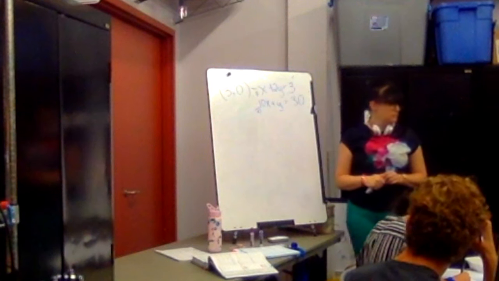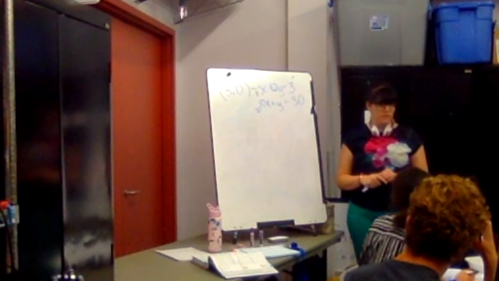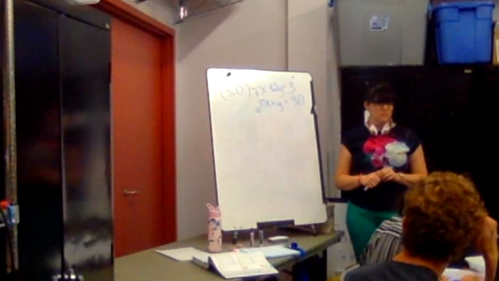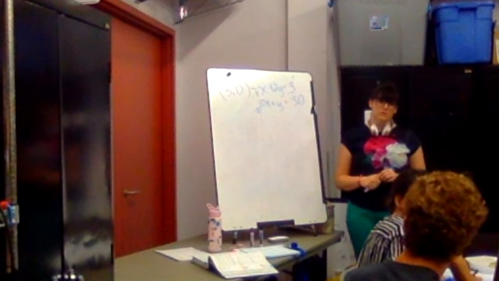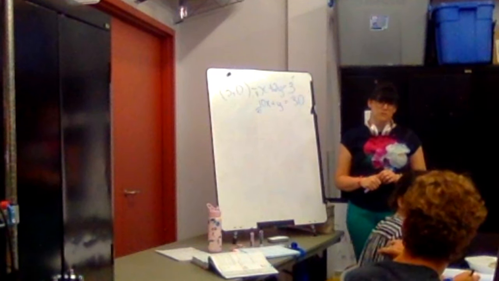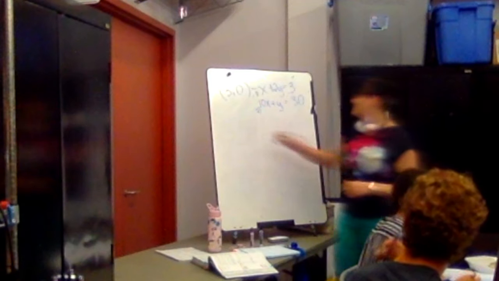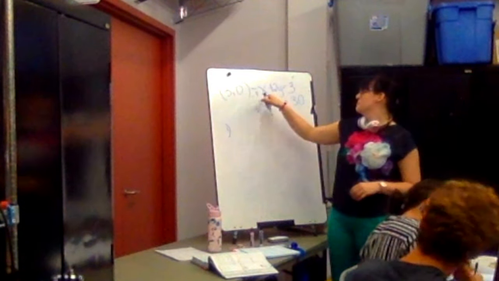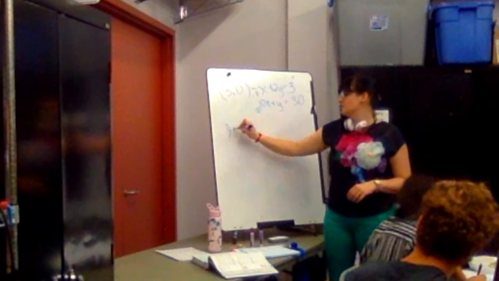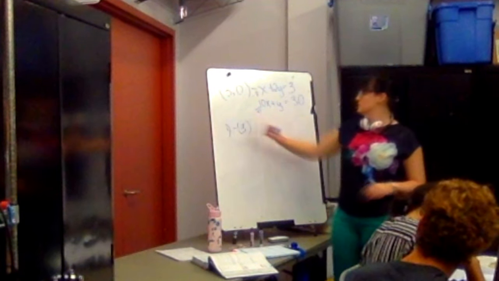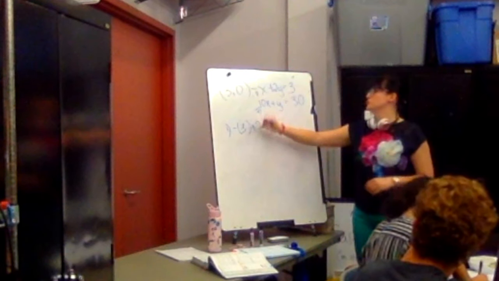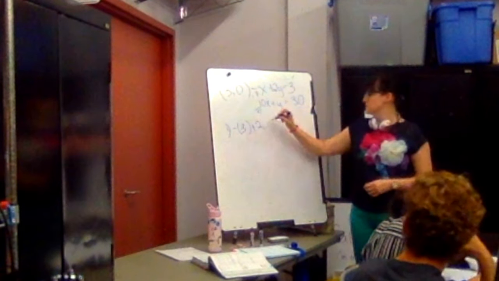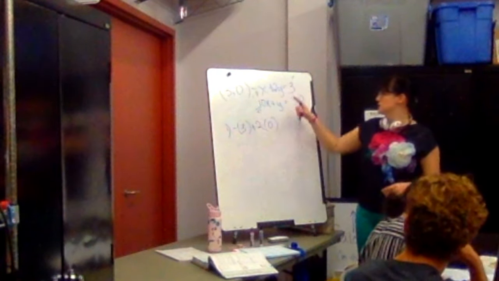Does that make sense? Okay. Everybody's following? I'm not moving too fast? Are you okay? Okay. Well, it doesn't work in equation 1. My x is 3, so I have negative 3 plus 2y, so my y is 0, equals 3.